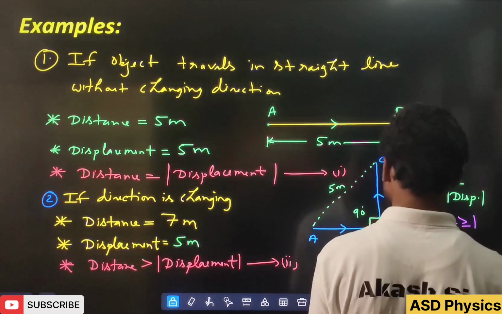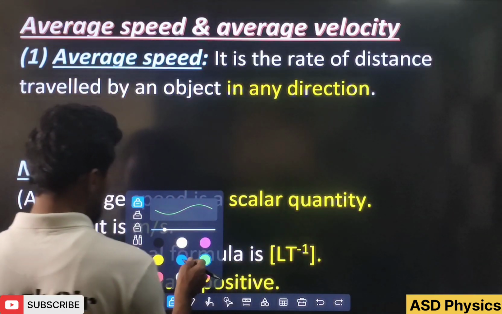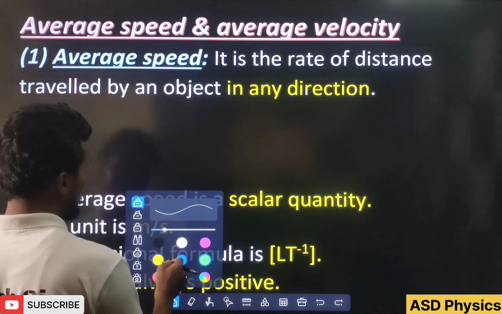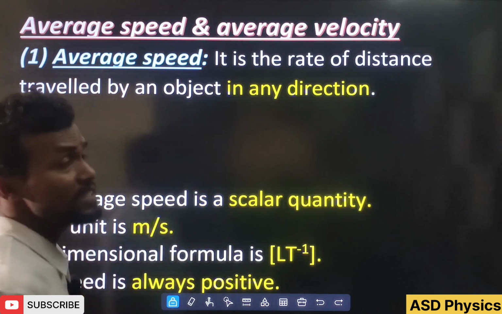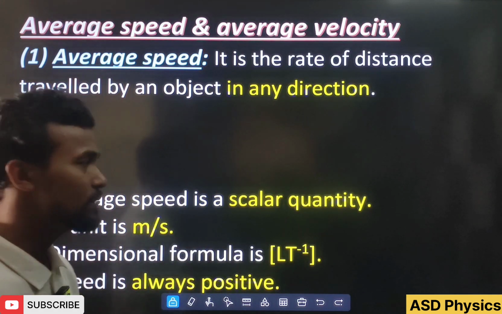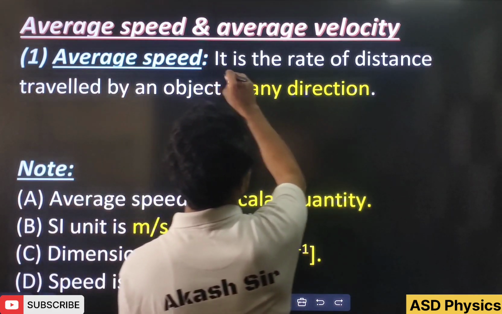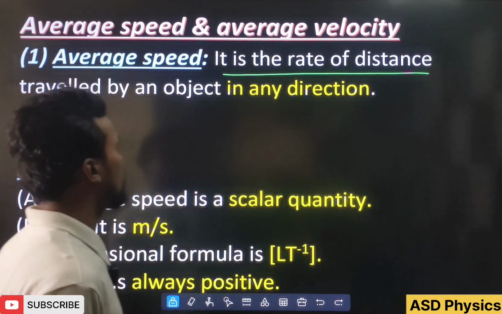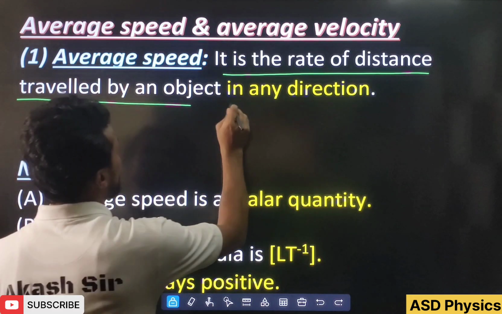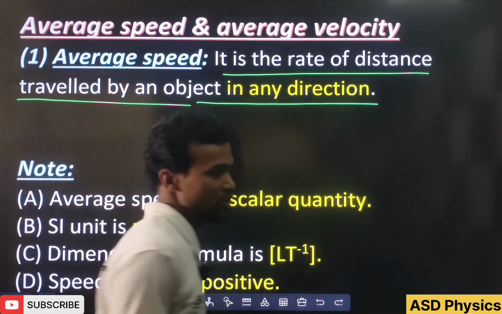Great. Now students, after distance and displacement, we are going to move to average speed and average velocity. Basic terms, but okay, we will see that here. So what is the average speed? We know very well, see, it is the rate of distance traveled by an object in any direction. Why any direction?